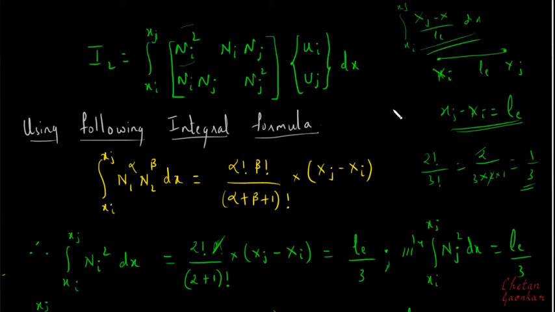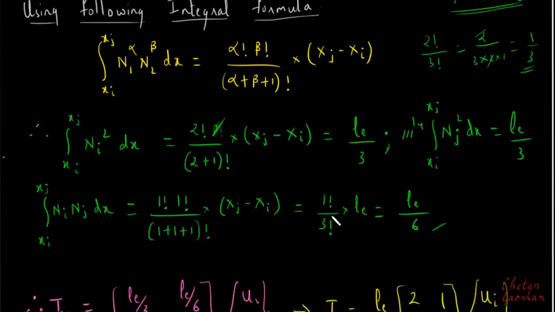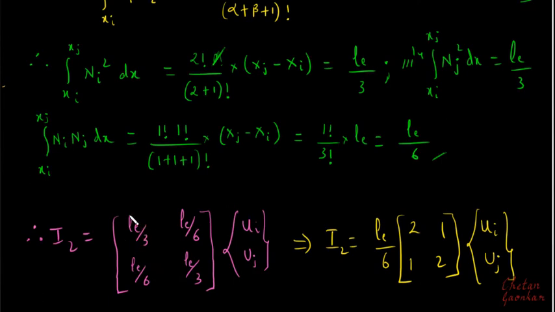So rather than that, we can straight away use this formula, and it is always advisable to use this formula here. So I get I2 as le by 3, le by 6, le by 6, le by 3 times ui uj, and then if I bring out this le by 6 common from this matrix, I will get this as 2 1 1 2 le by 6 times ui uj.